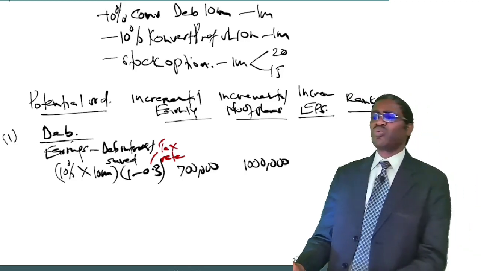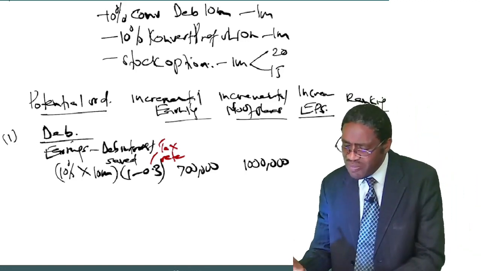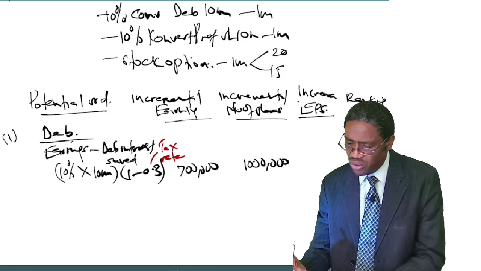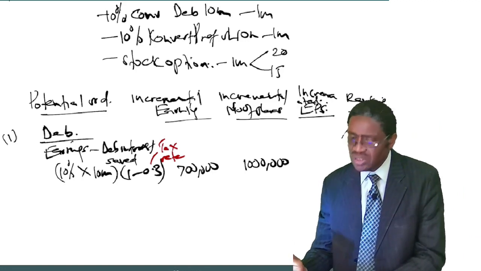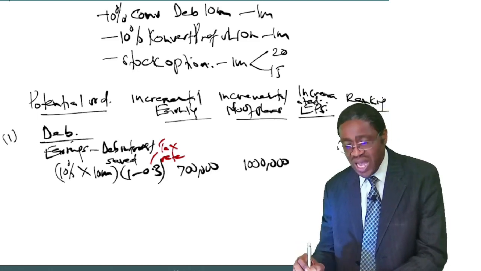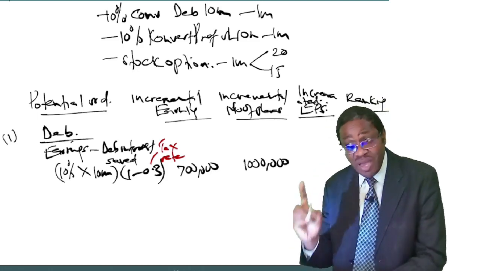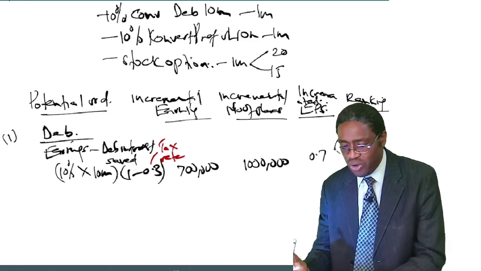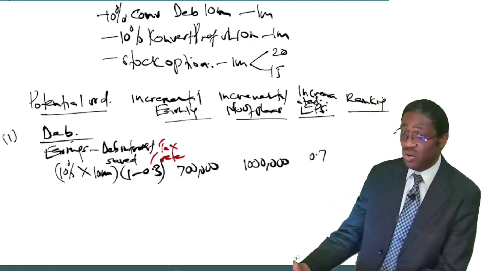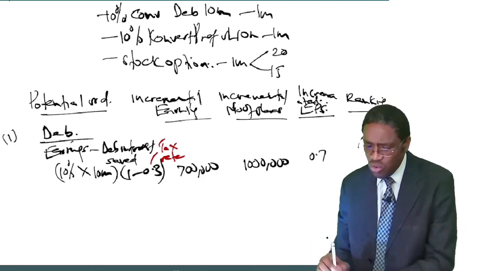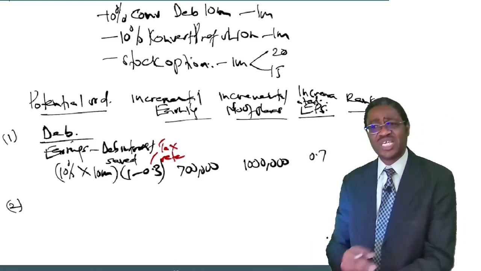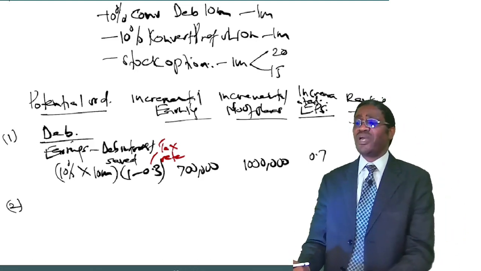Then you compute what we are now calling the incremental EPS, which is 700 divided by 1 million. That looks like 0.7.